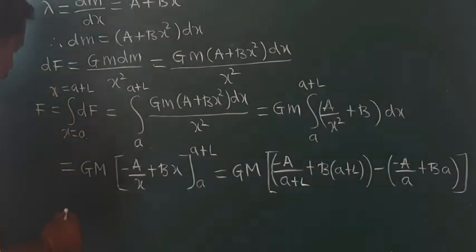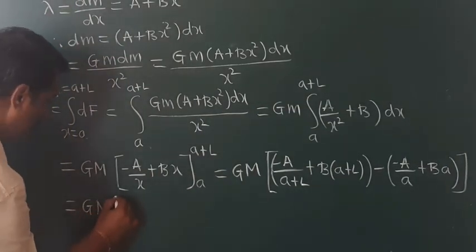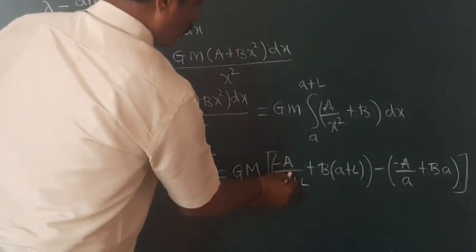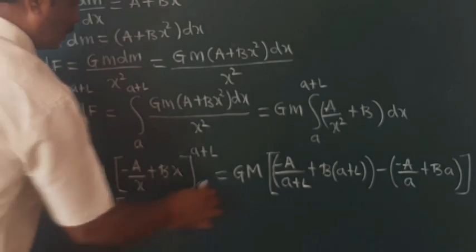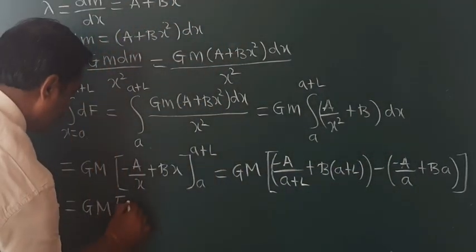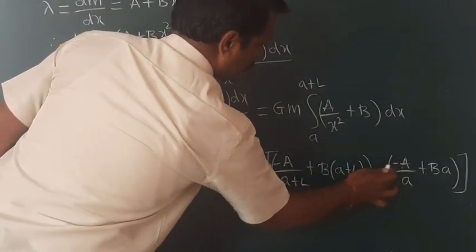Now simplify that. Gm here. Now here, in these two, a can be taken as common. If I take a common here, then here minus of minus it becomes plus.